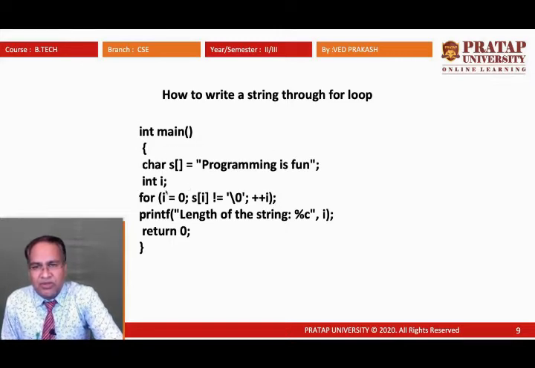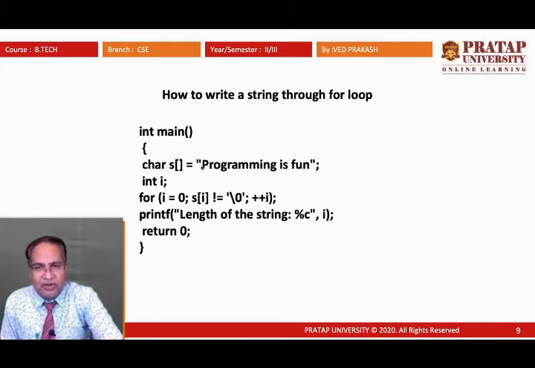So this program is used to display the contents of a string one by one, or in other words, display a string character by character. Here we initialize the starting index of the string to 0, and we go until we reach the null value, and we increase the value of i.